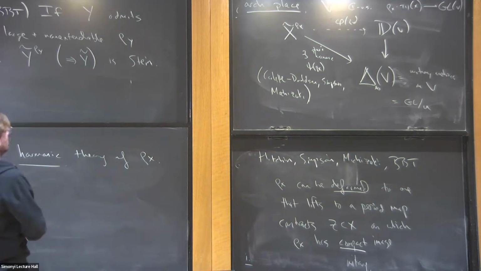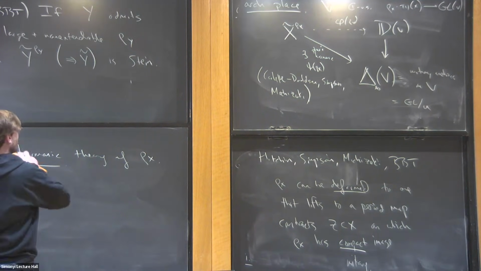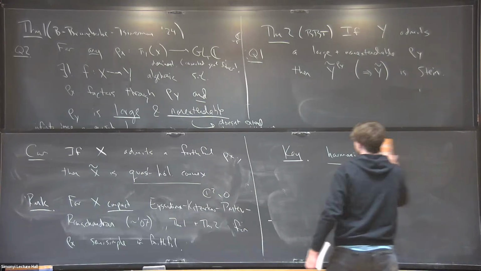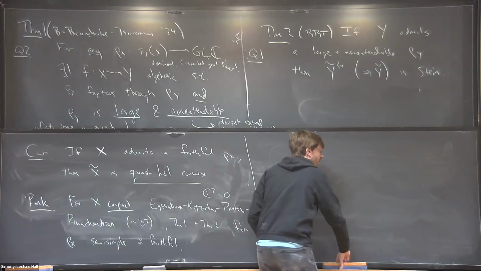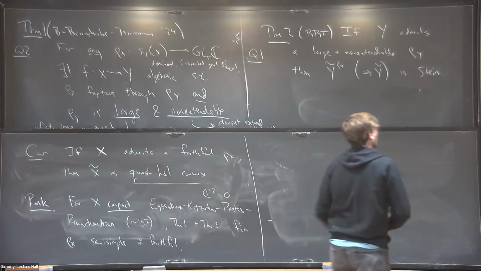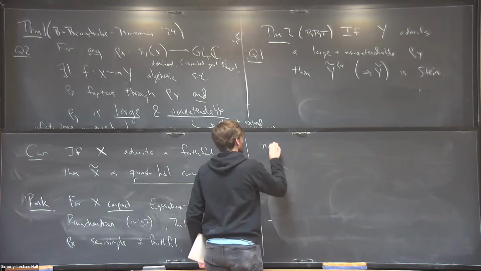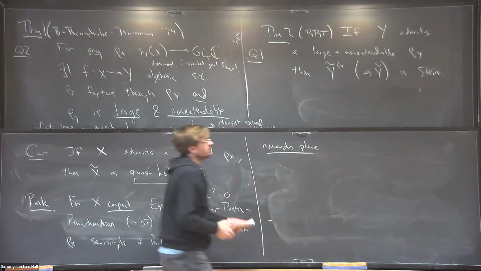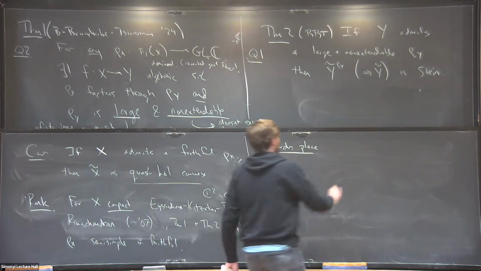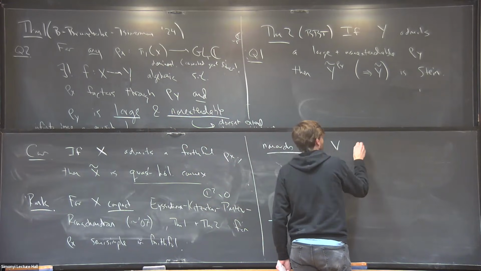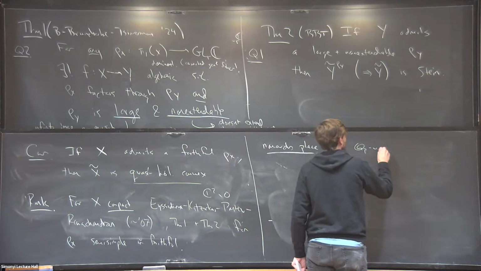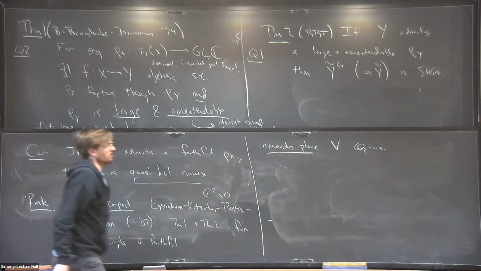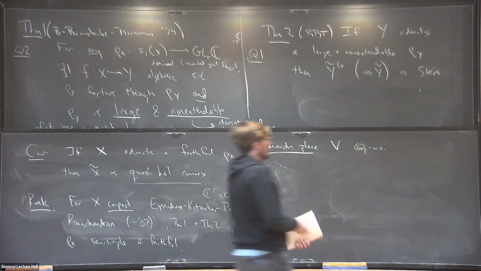Okay, great. So maybe I'll erase theorem 2 because I want to maintain the parallelism here. So now what is the non-Archimedean story? Now I'm going to have V, let's say a Q_p vector space, but more generally any discretely valued complete field, and a representation.